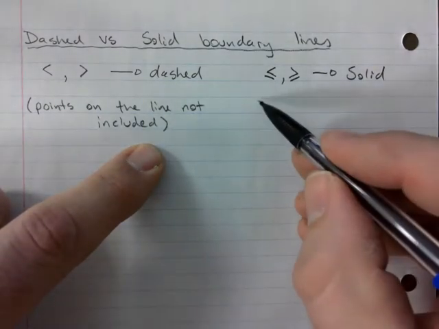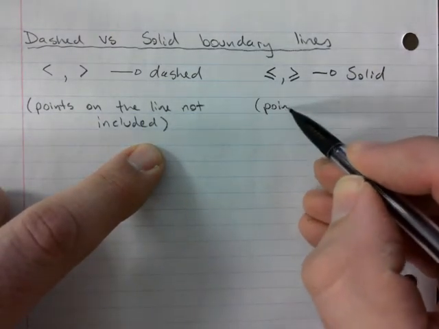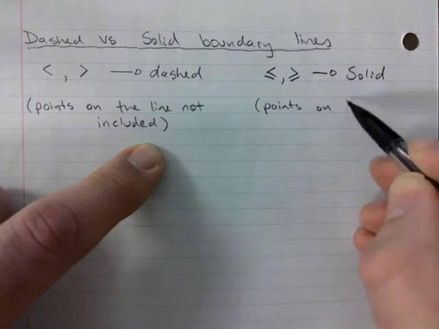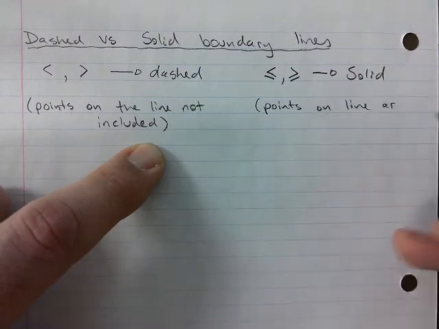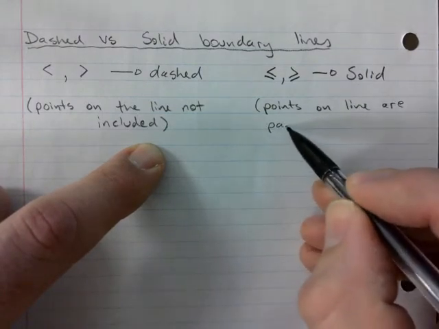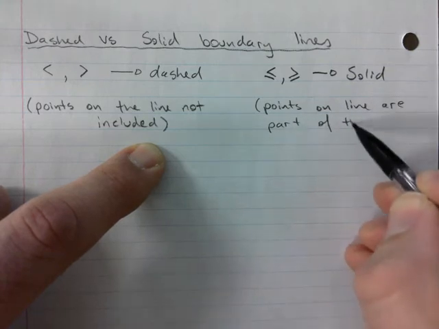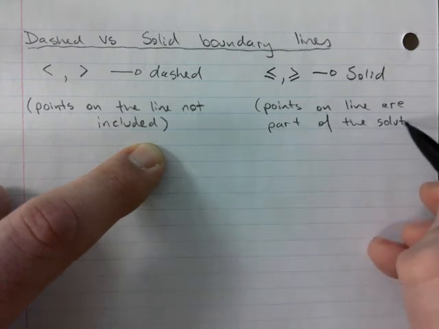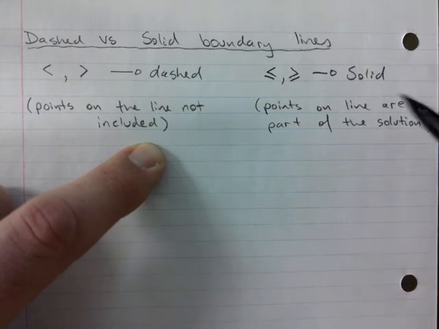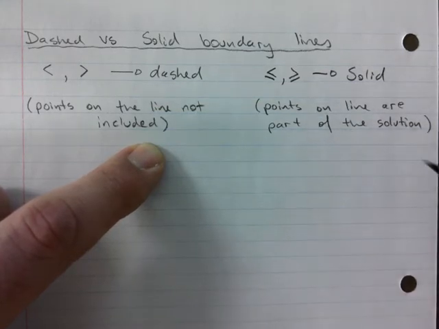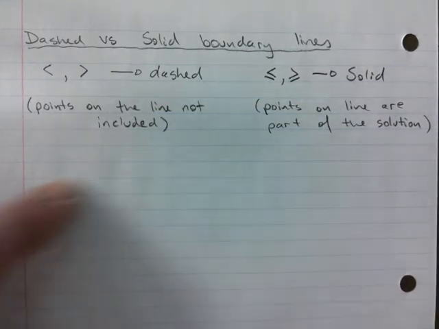And then here, points on the line are part of the solution. So points on the line are also part of the solution. That's what that means.